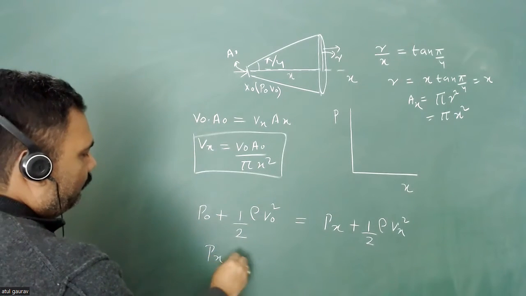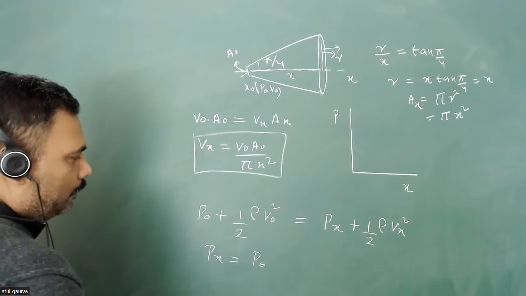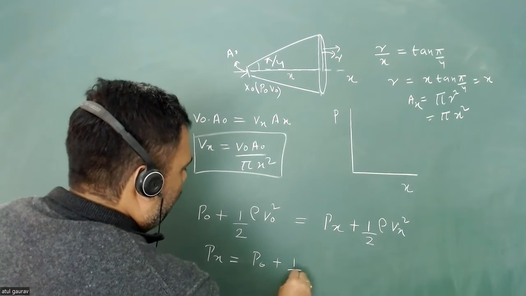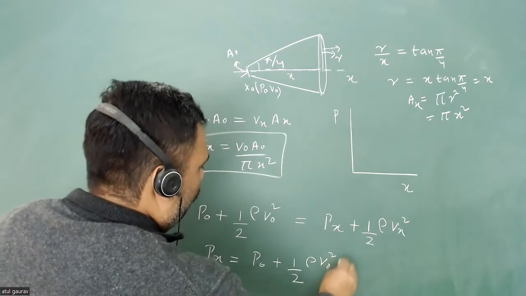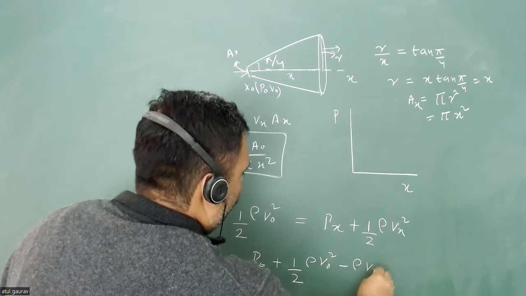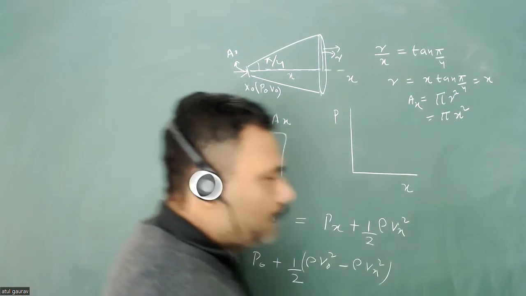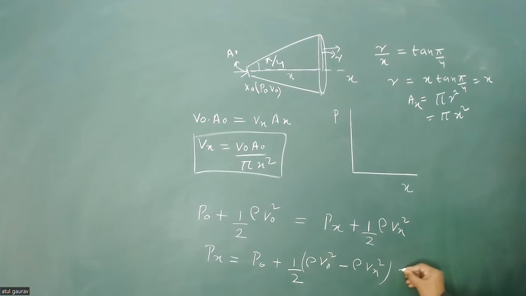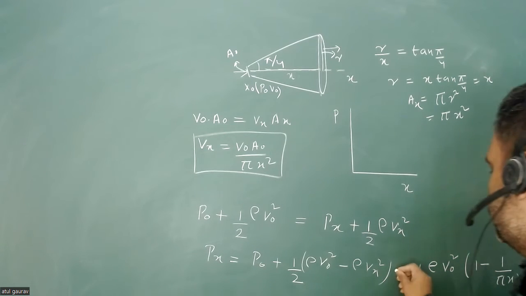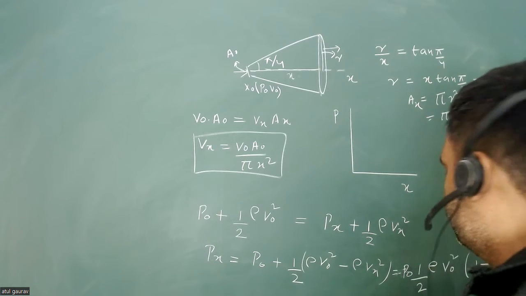So Px can be given by P naught plus half rho V naught square minus half rho Vx square, and we can take rho as common. So this value is equal to half rho, taking V naught square common, and we have 1 minus 1 upon pi x square, and plus P naught is also there.